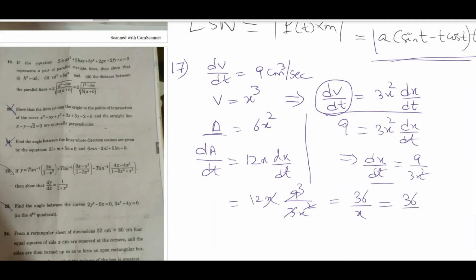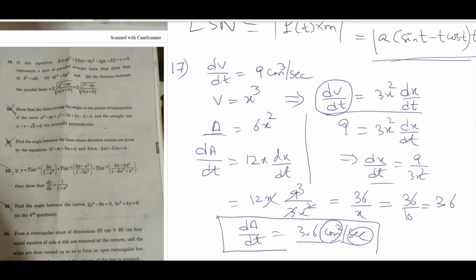So 36 by 10 equals 3.6. So area is changing at 3.6 centimeters square per second. This is the rate of change of surface area of the cube.